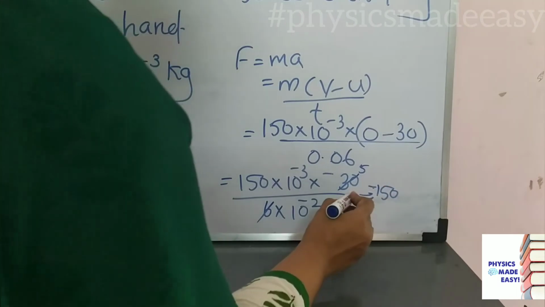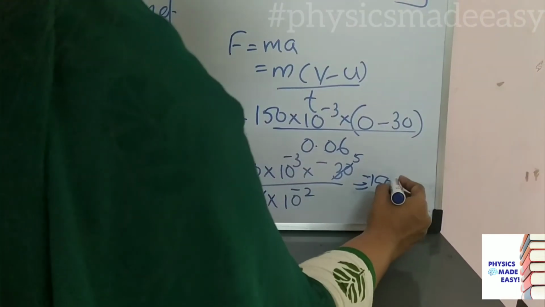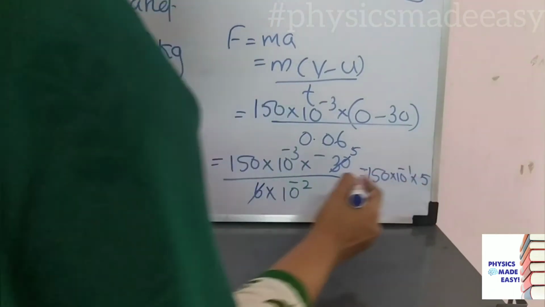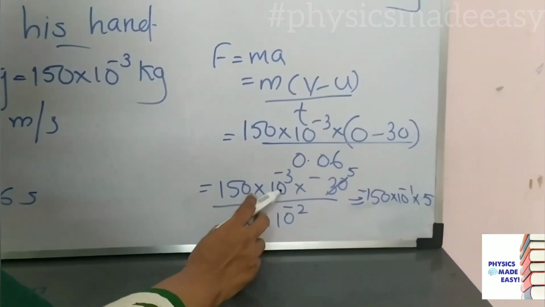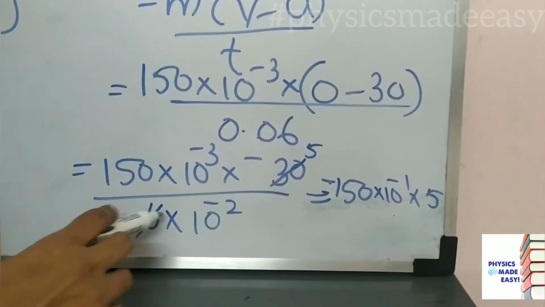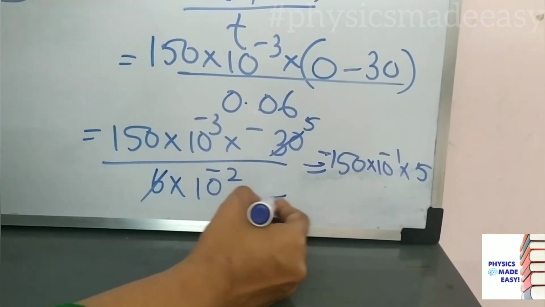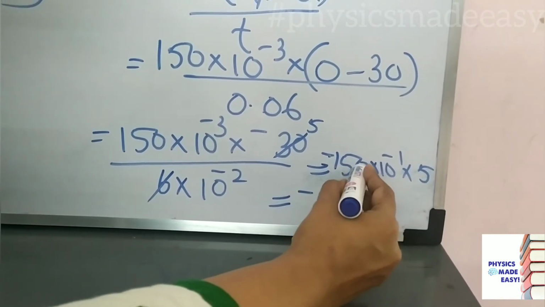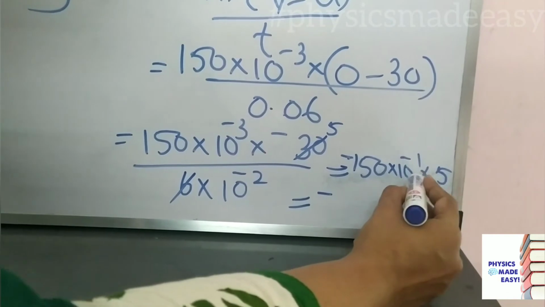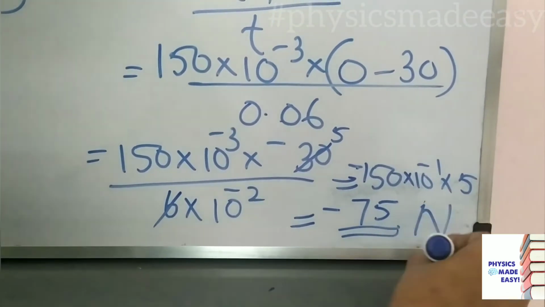Minus 150 into 10 raised to minus 3 by 10 raised to minus 2, that is 10 raised to minus 1, into 5. 30 divided by 6 we can write 5. Then here a minus sign there. So here you will get minus, here 150 into 10 raised to minus 1 you will get 15. 15 into 5, 75. Minus 75 Newton is the force.